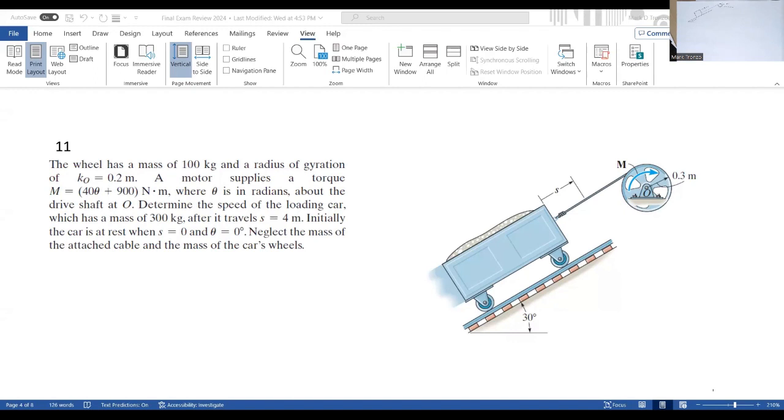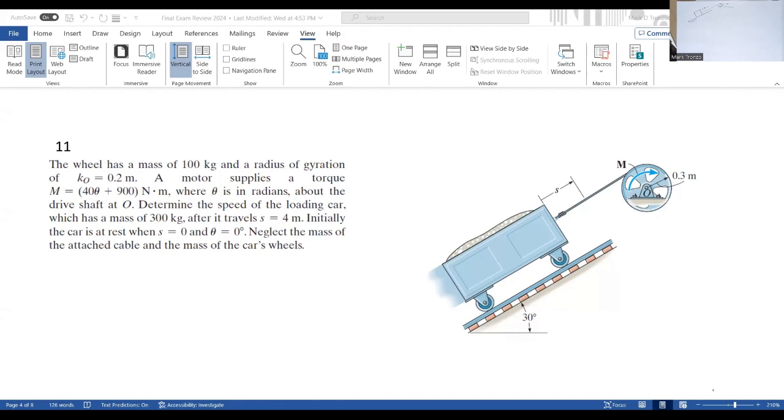So let's take a look at this problem. The wheel has a mass of 100 kilograms and a radius of gyration of 0.2 meters. A motor supplies a torque of 40 times theta plus 900 Newton meters, where theta is in radians.